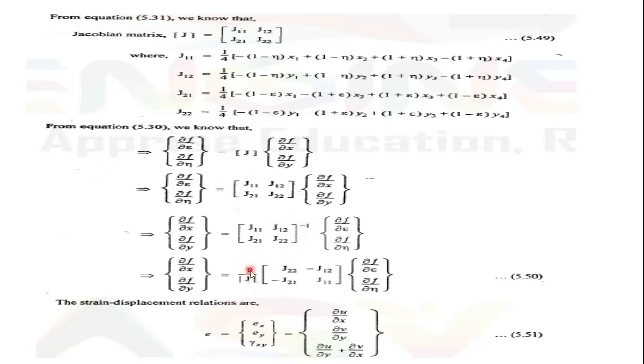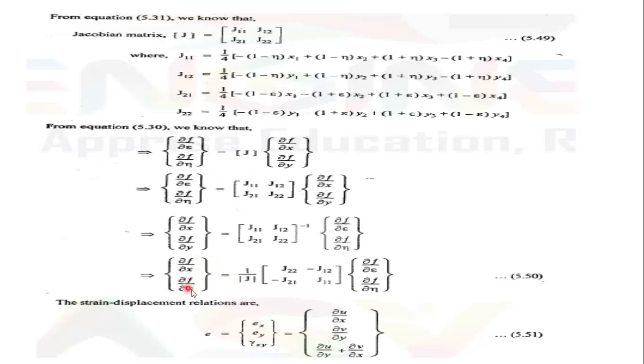J inverse can be represented as 1 by mod J into adjoint of J. The adjoint is obtained by interchanging the diagonal terms, and the sign will be negative for the off-diagonal terms, or you can go for cofactor values. So we will get ∂f/∂x and ∂f/∂y. My intention is to get ∂f/∂x and ∂f/∂y.